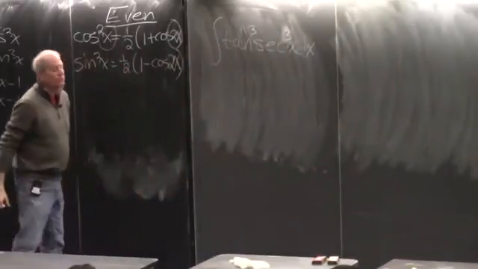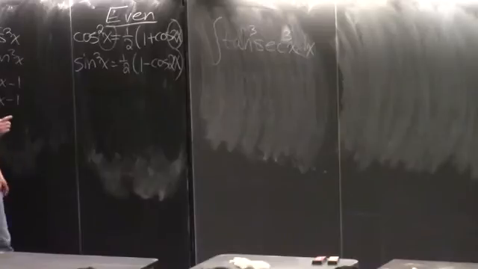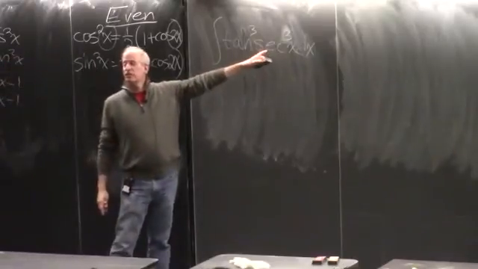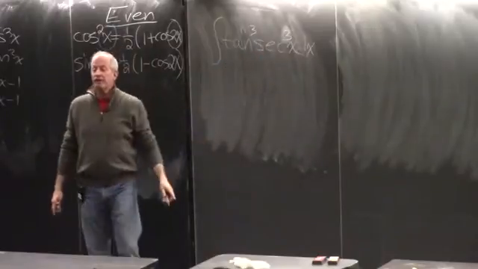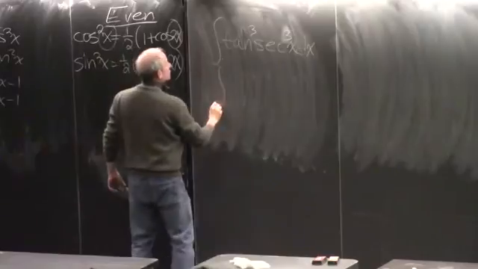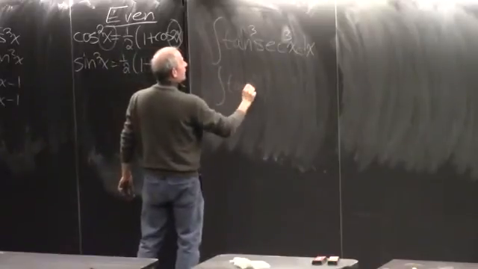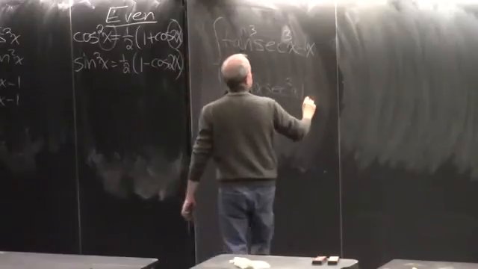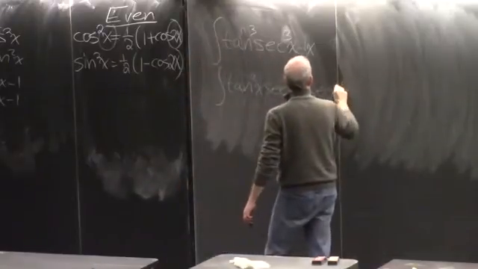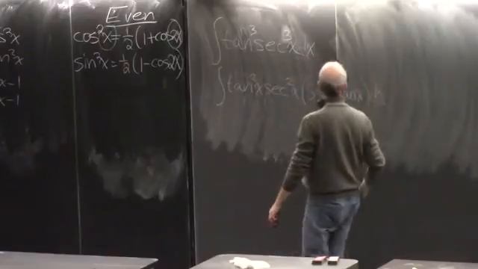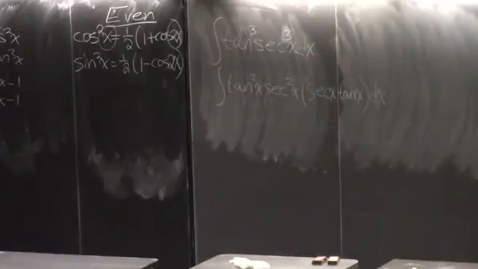So what am I going to do? Because I kind of want to have the secant squared, but if I just have a secant left over, that doesn't really help. However, the derivative of secant is secant tangent. So if I made this tan squared x secant squared x times secant x tangent x, how do I know to do this?